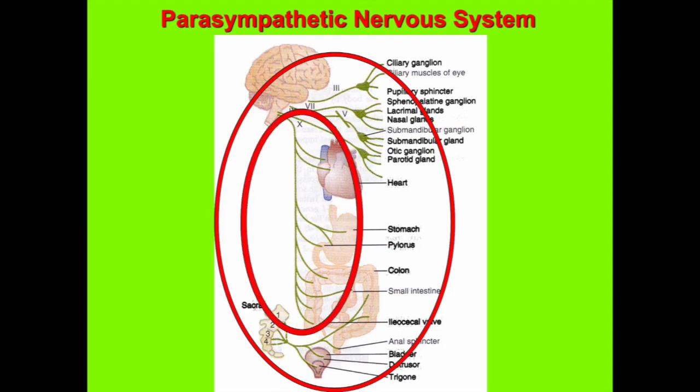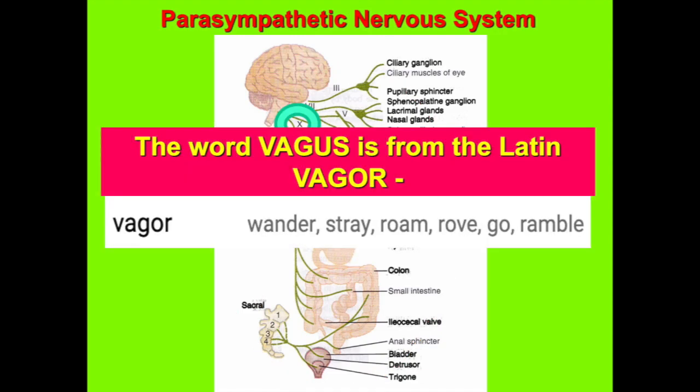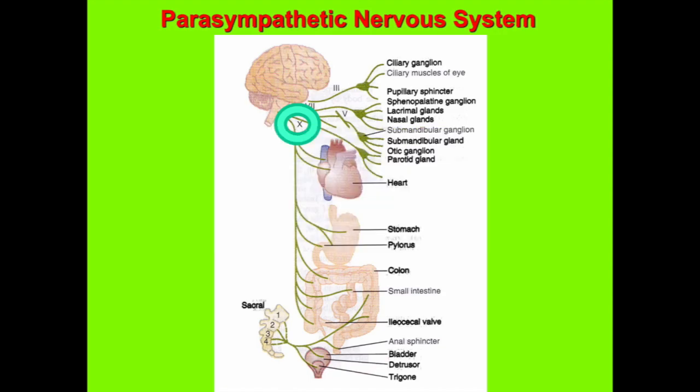It is known as the vagus nerve, as you remember from school, and it is from the Latin word vagor, which meant to wander, stray, roam, rove, go, and ramble. And if you look at that anatomy again, you can see it wandering and straying throughout a lot of organs and a lot of systems in the thorax and then down into the abdomen. It goes all the way to the bladder and even the sacrum.